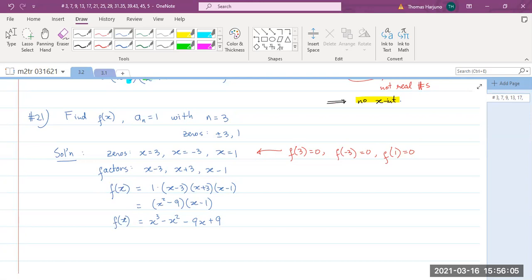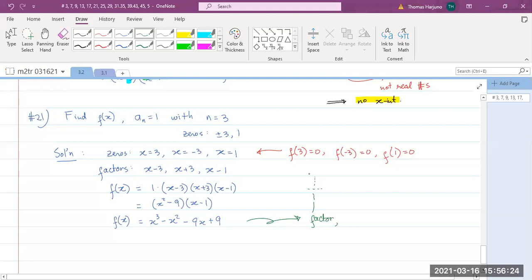See, in the past, what we did was, if we get a polynomial, we factor it, right? After we factor it, we get the zeros. After we get the zeros, we get the x-intercepts. Remember?